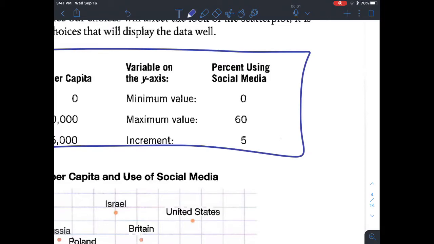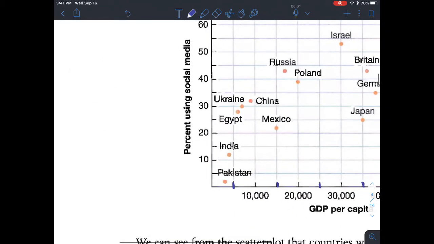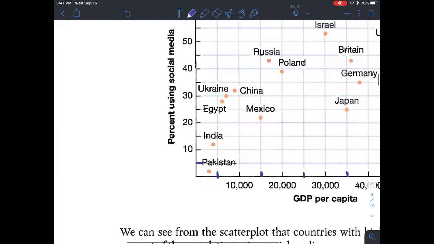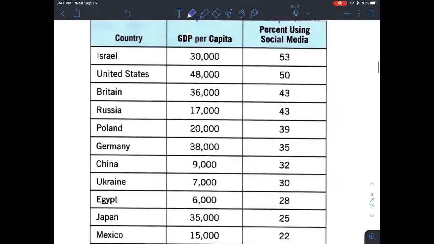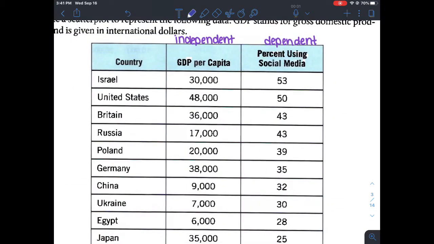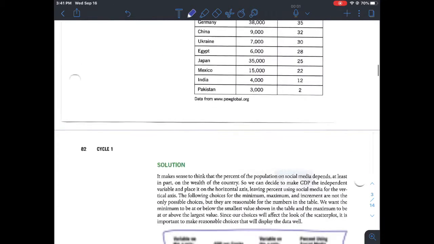So in this case, we're going to scale by 5s. And again, we represented a little dash or a tick, and then we have 10, dash, 20, dash, 30, dash, and so on and so forth, okay? We labeled our axes, and then we just graphed these as a coordinate, x, comma, y.